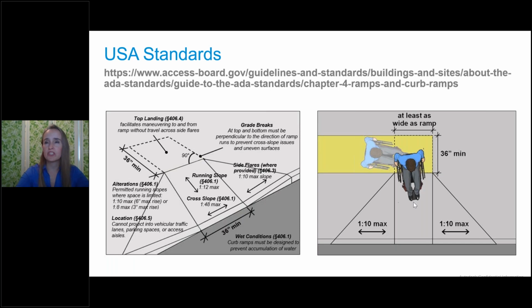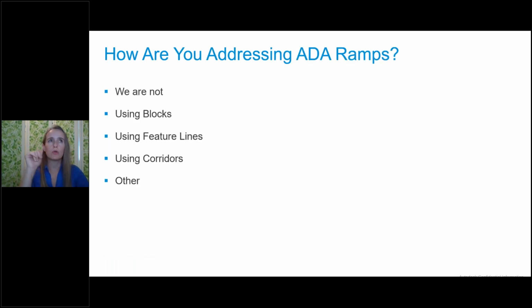And then a 1 to 12 max slope, not 12%, and a 1 to 10 max slope for the wing walls, so the flares, the side flares. So it gives you a little bit of an idea of exactly the design parameters that we need to stay within. And so today I'm going to show you how I personally would handle these. In that poll, we noticed that we can use blocks to show them in 2D. We can use feature lines to create that.